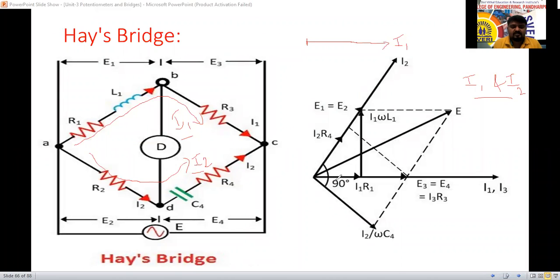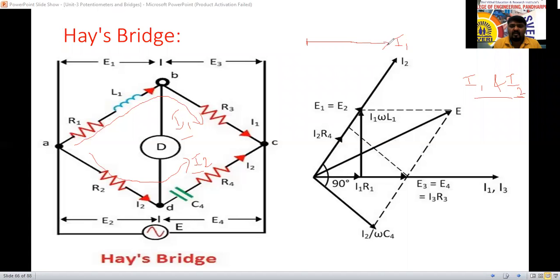A division students, you can also interact. So the current flowing through the inductance lags or leads? Is it audible or not? Lag. Lag, very good. Then what about the current flowing through the capacitor? Leads. Very good, very good.